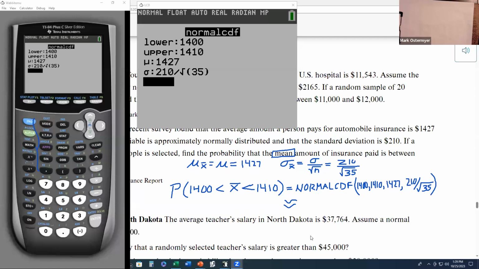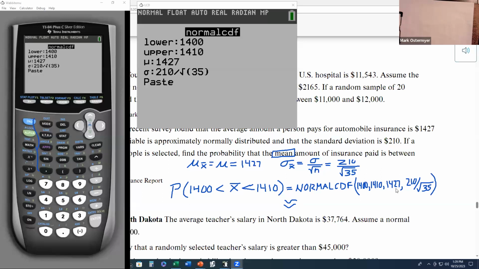And here we go, the probability that the mean amount paid for automobile insurance by a sample of size 35 is between $1,400 and $1,410. Using our normal CDF function, the lower endpoint would be 1,400, the upper 1,410.